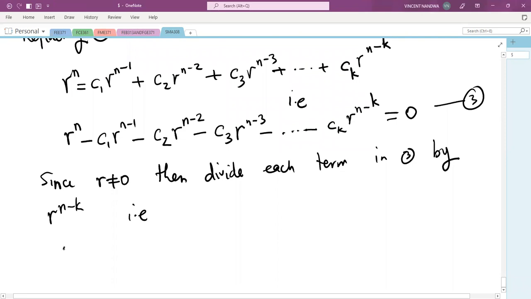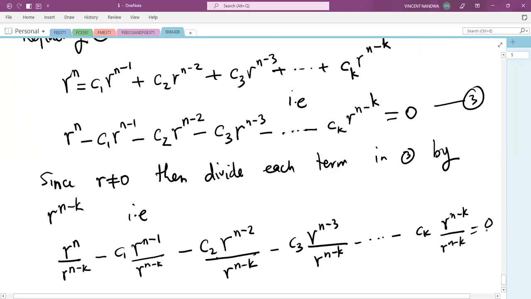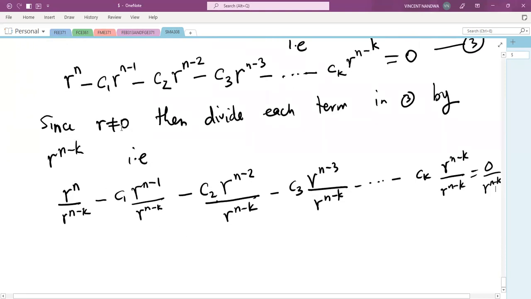I'll have r^n over r^{n-k} minus c_1 r^{n-1} over r^{n-k} minus c_2 r^{n-2} over r^{n-k} minus c_3 r^{n-3} over r^{n-k} minus c_k r^{n-k} over r^{n-k} equals 0 over r^{n-k}. This division is possible because the value of r is not 0.